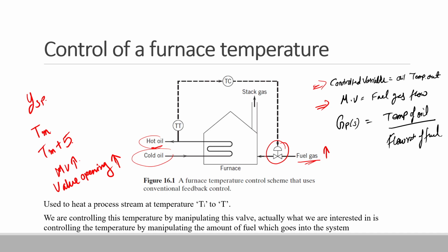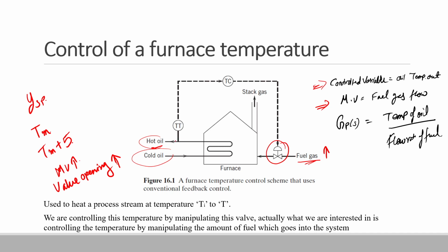So the flow rate will increase, and this gas will ultimately get burned in the presence of air, and combustion will take place. So the temperature of this furnace will increase, and then there will be heat exchange between the furnace and this pipe, whatever we are using as the vessel, and then ultimately the temperature of the hot oil will increase.